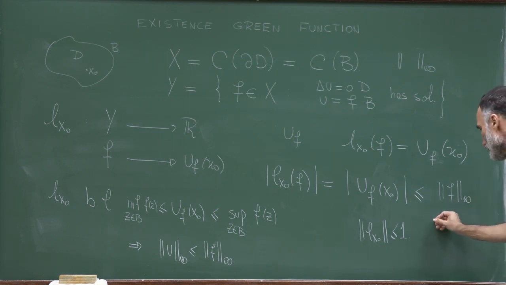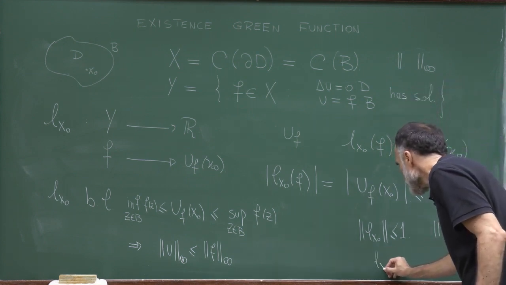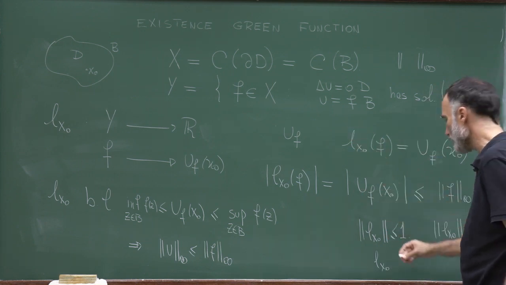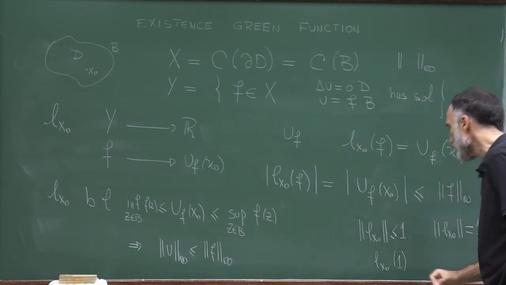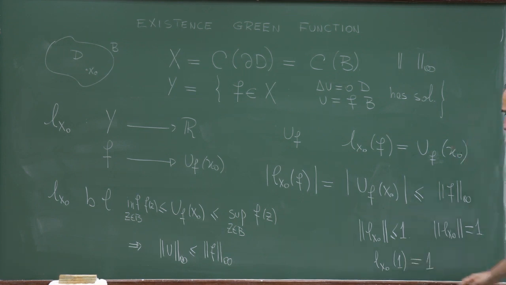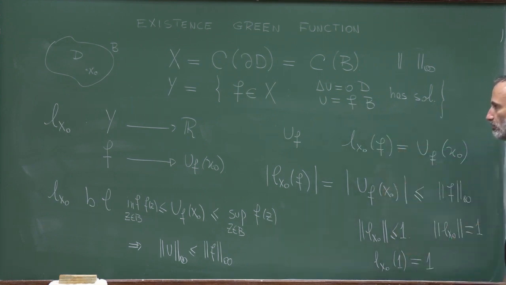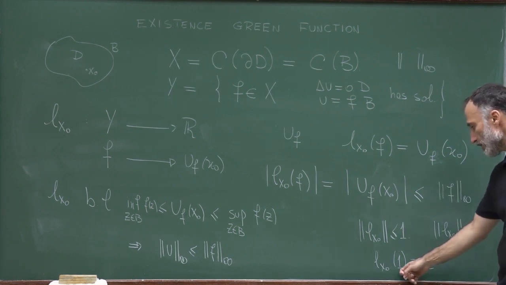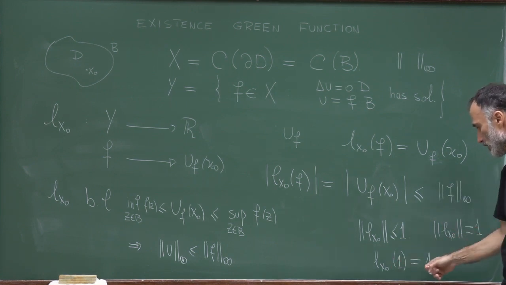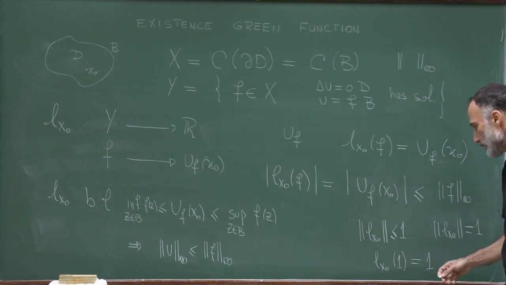Well, I claim that the norm of L_{x0} is actually equal to 1, because we've seen that the constants belong to Y, and if you take L_{x0} at 1, this is exactly equal to 1. Because if you take the solution of the Laplace equation with constant value at the boundary, the solution is just constant. So if you take the boundary value to be 1, the function is constant equal to 1, and therefore L_{x0} of 1 is equal to 1.